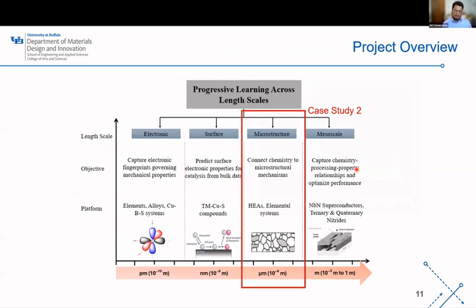So moving on to our second case study, this one focuses on connecting chemistry and processing parameters at the same time to property and microstructural behavior. So we wanted to build a model that learns this relationship and predicts mechanical properties based on chemical composition and processing parameters.